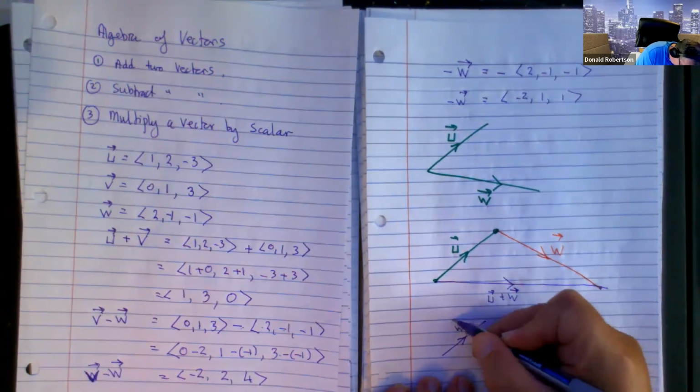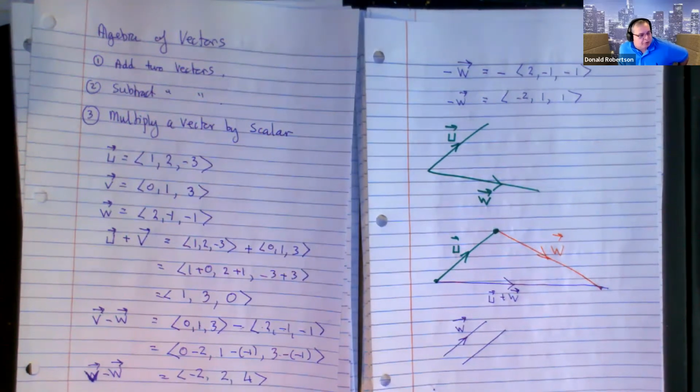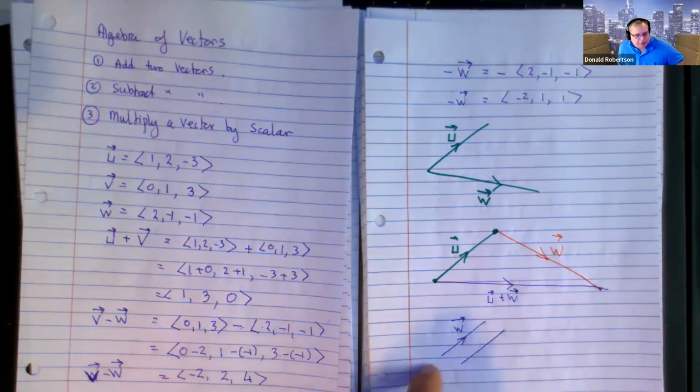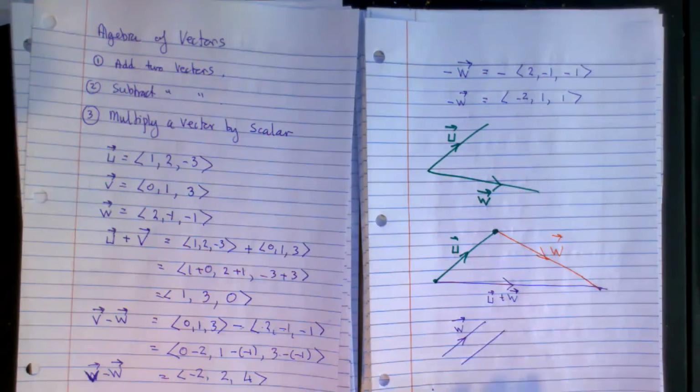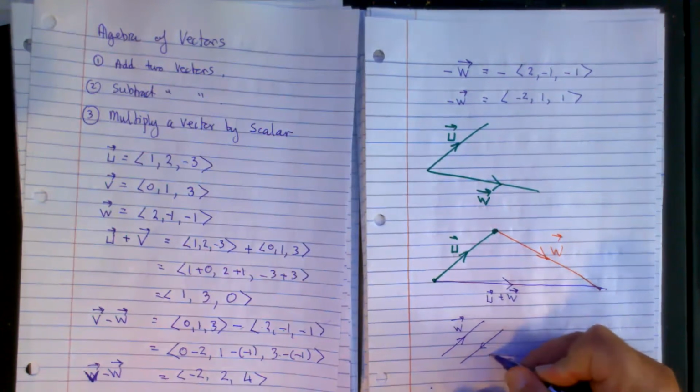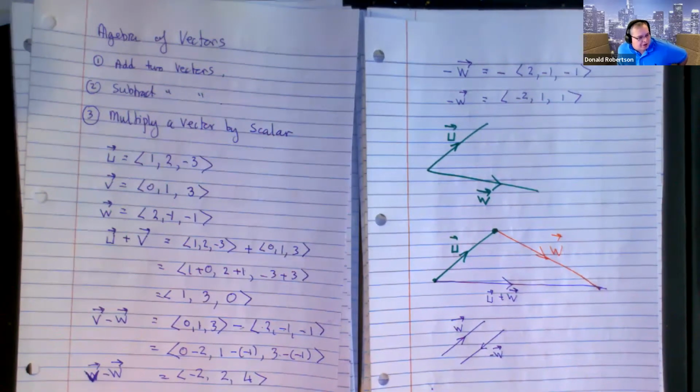Now, if that guy here represents W, what do you think negative W would look like if you drew it? We go in the opposite direction. Yes. It would be parallel and the same length, just going in the opposite direction.